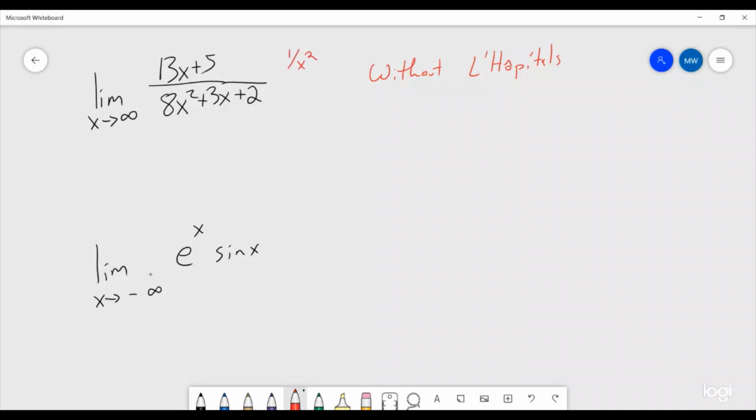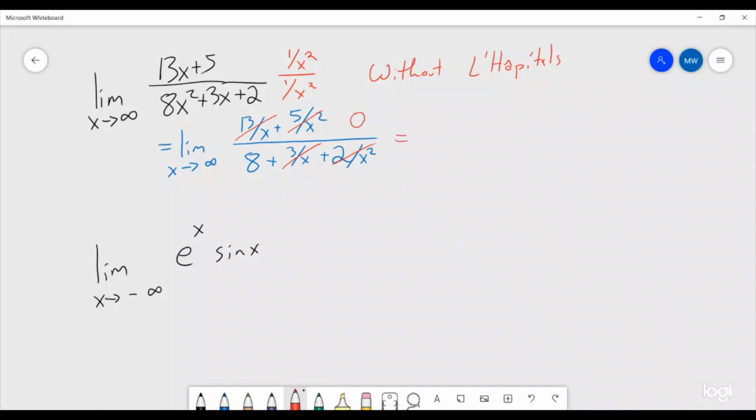If we do that, this turns into the limit as x goes to infinity of 13 over x plus 5 over x squared divided by 8 plus 3 over x plus 2 over x squared. And now as x goes to infinity, those terms all go to 0. So we are left with just 0 over 8, which goes to 0.